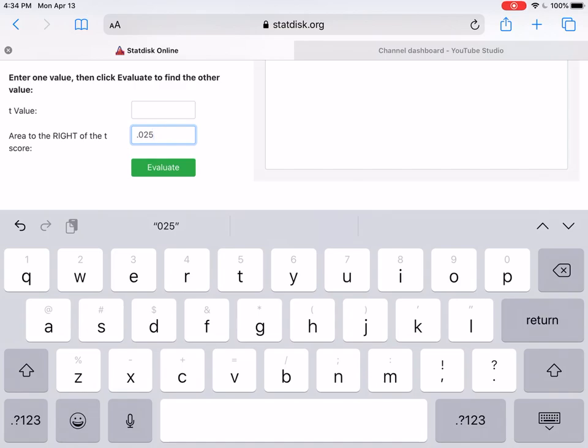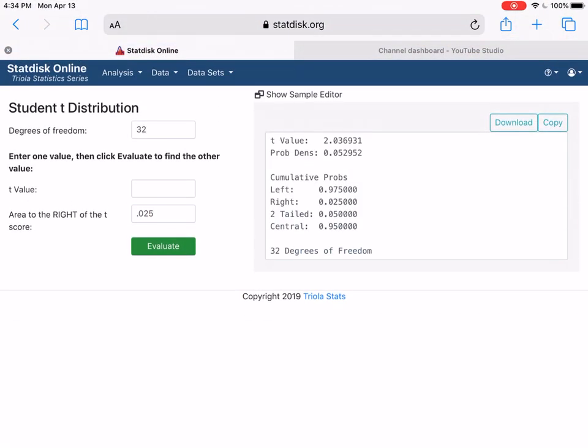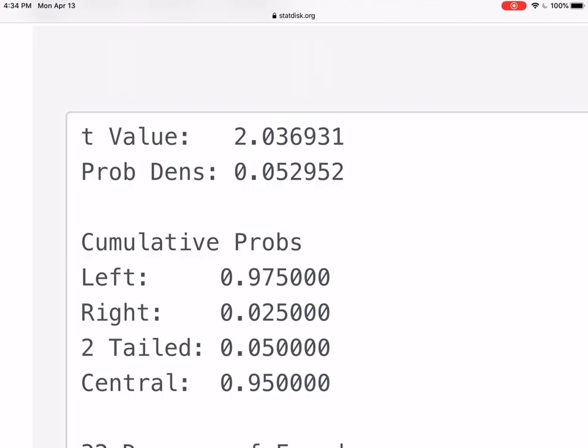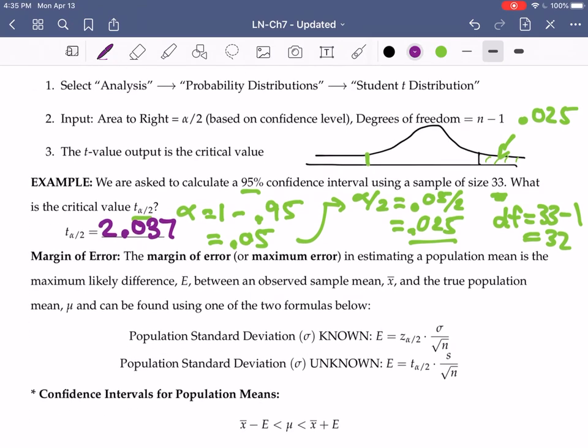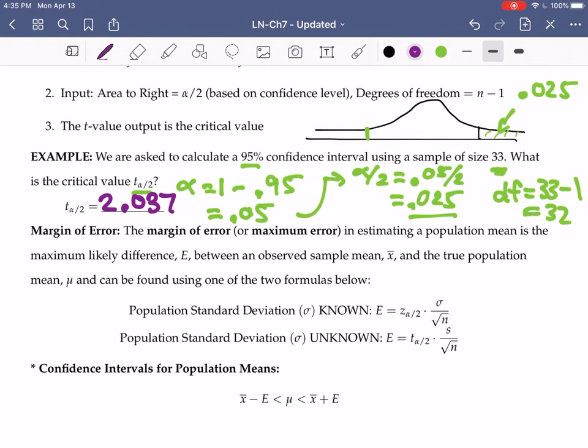We evaluate, and it spits back right there at the top, 2.0369. So I'll go to just the third decimal place. 2.037 is our critical t-value. Perfect.